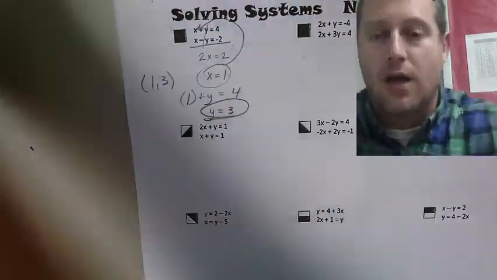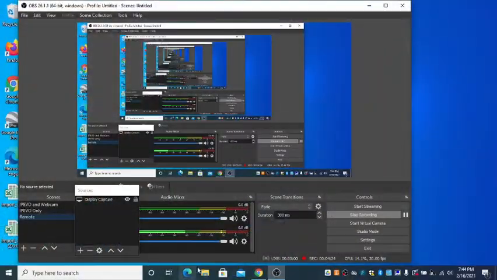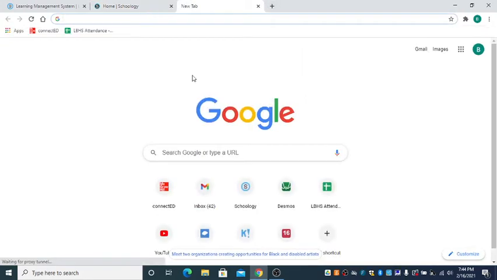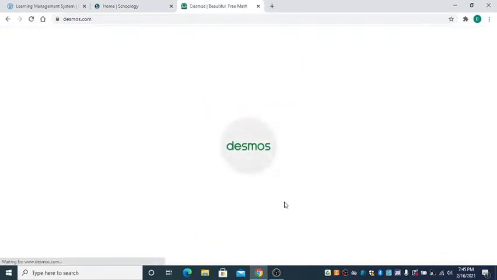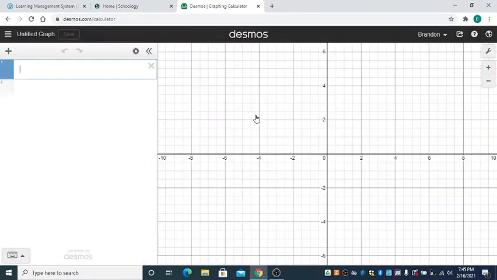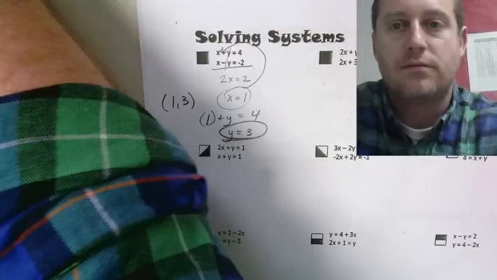Now I'm going to go ahead and use Desmos here just to double check my answers. So I have x plus y equals 4, and I have x minus y equals negative 2.